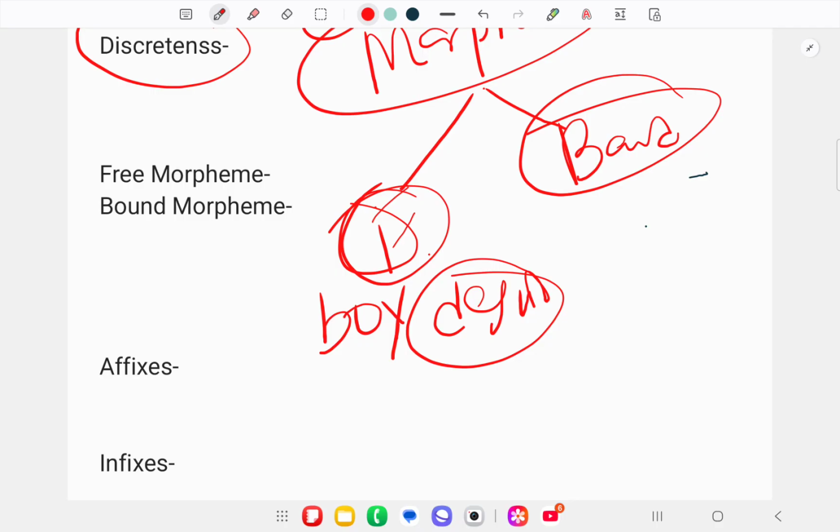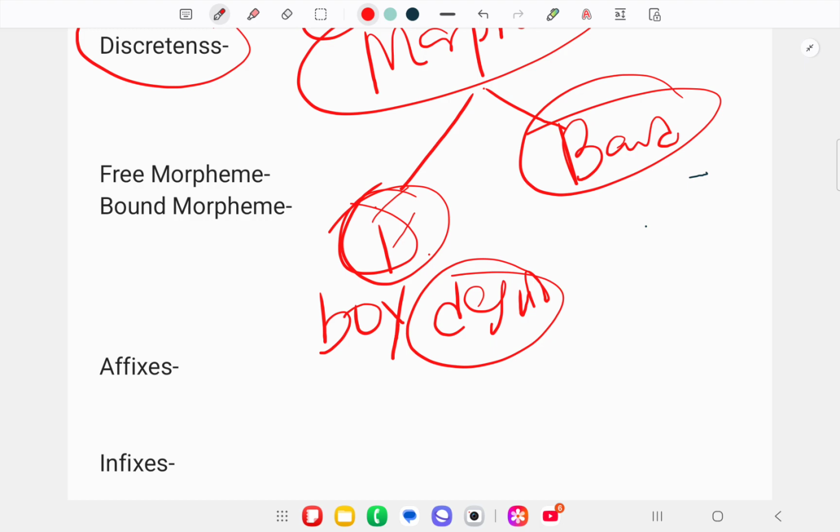These constituents are the words to which we can attach something. If we attach something, that is known as a bound morpheme.